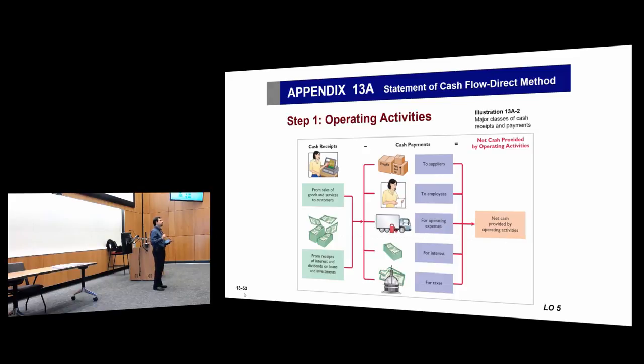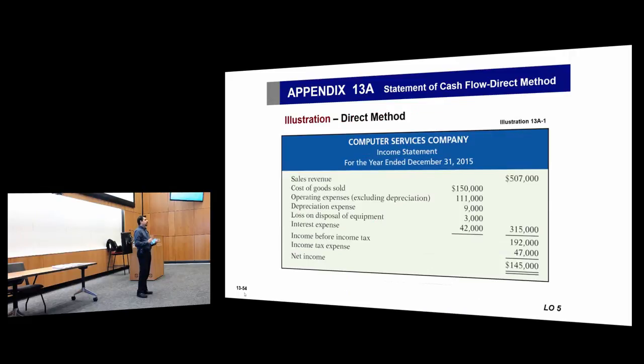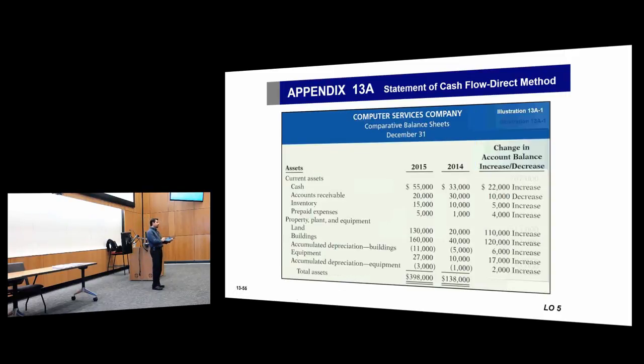All these will be cash outflows. So for the statement of cash flows under the direct method, you list all these one by one. Here we don't start with net income and adjust it to get to cash. You're actually listing them one by one.